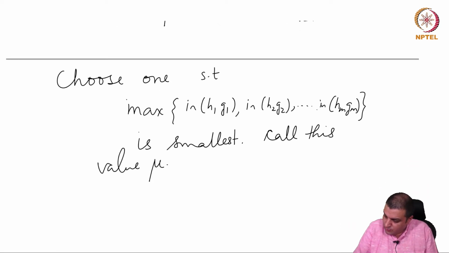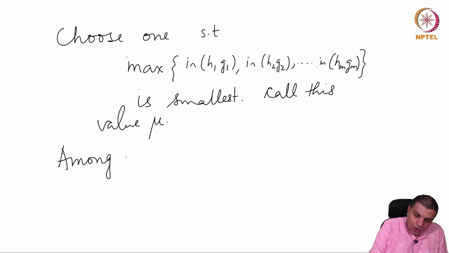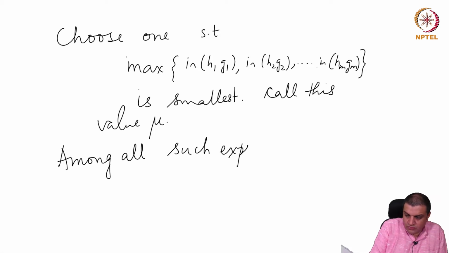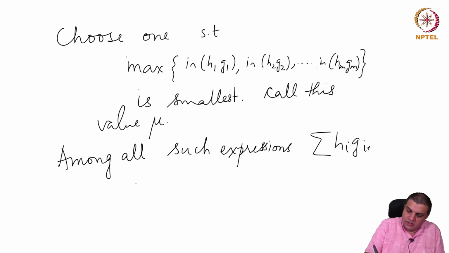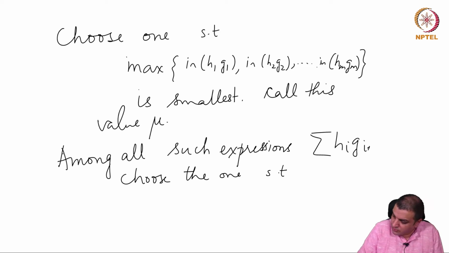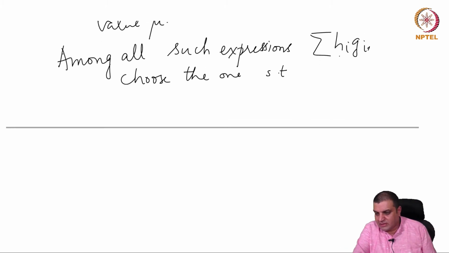Okay, so that's one thing. And the next reduction is: among all such expressions in some HIGI, as above, choose the one such that, now, it is possible that for many I, the initial term of HIGI is equal to mu.